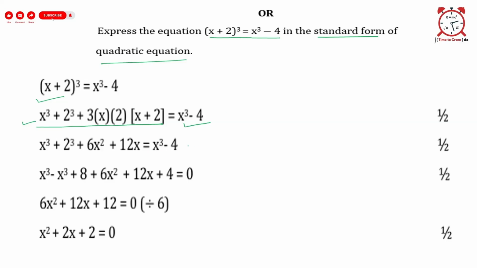After that, let us do the transposition and more simplification. Taking 6 as a common number and dividing, we get the equation x square plus 2x plus 2 equal to 0. This is a quadratic equation because the power is 2. In that way we have to find the quadratic equation from the given expression.